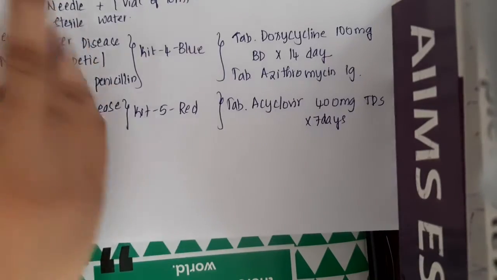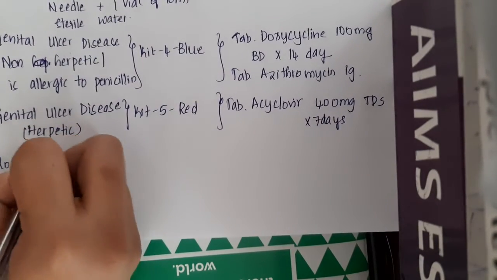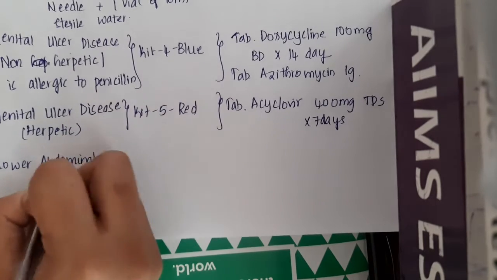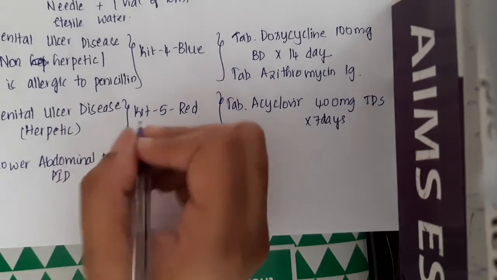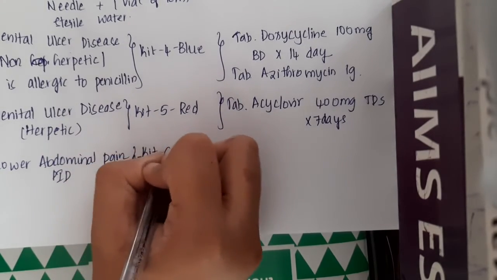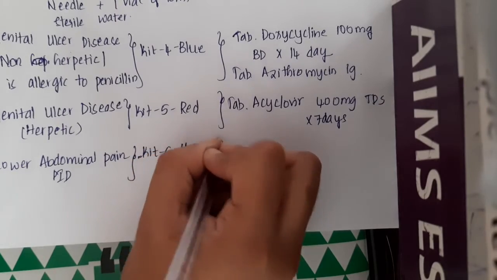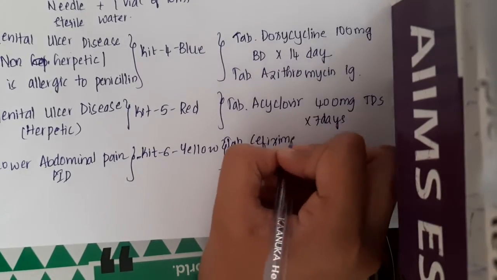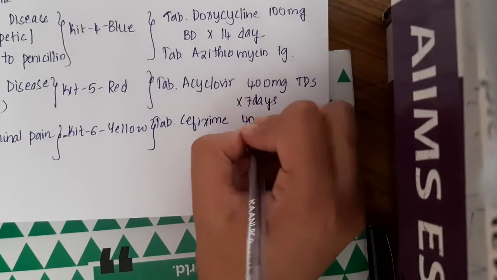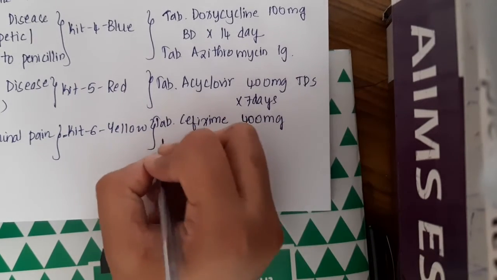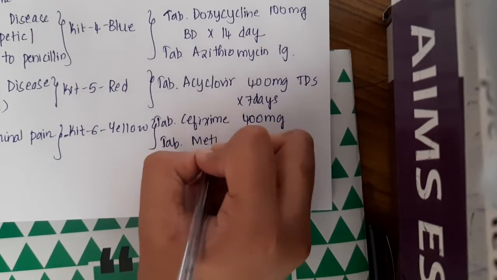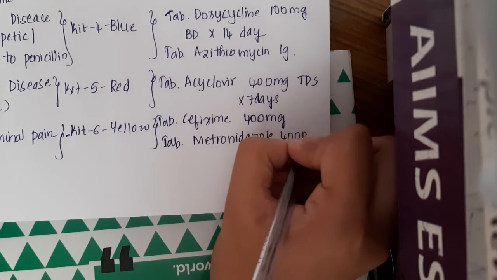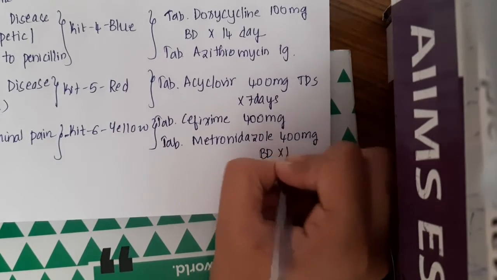And if there is lower abdominal pain, then you should suspect pelvic inflammatory disease or PID. In such cases, we can use kit 6, which is a yellow colored kit, where we can use tablet cefixime 400 milligrams, or tablet metronidazole, which is also 400 milligrams BD for 14 days.